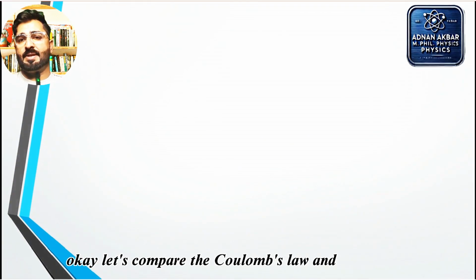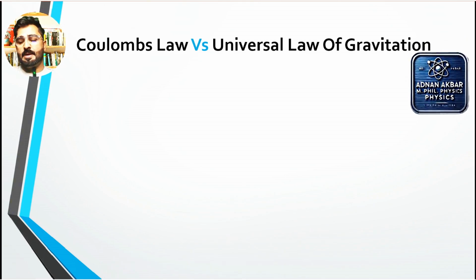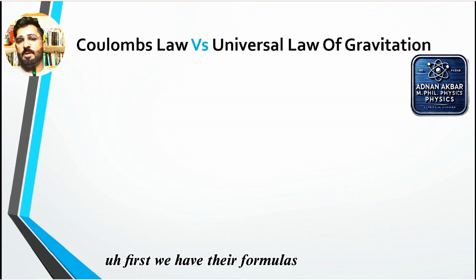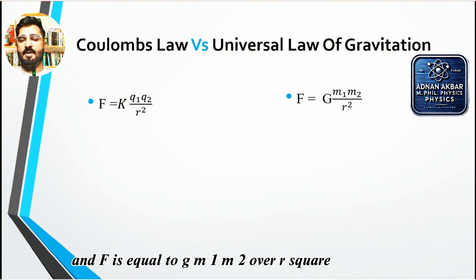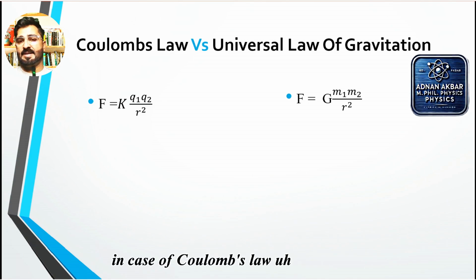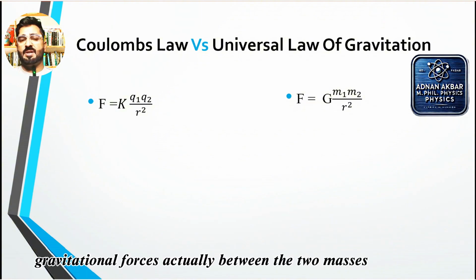Okay, let's compare Coulomb's law and the universal law of gravitation. First, we have their formulas. F is equal to K Q1 Q2 over R square, and F is equal to G M1 M2 over R square. In case of Coulomb's law, the electrostatic force is between 2 point charges. In case of the universal law of gravitation, the gravitational force is between two masses.